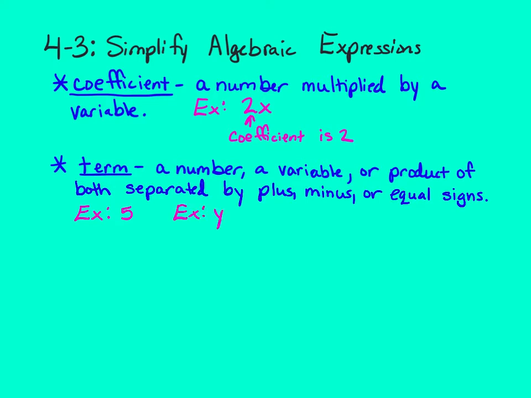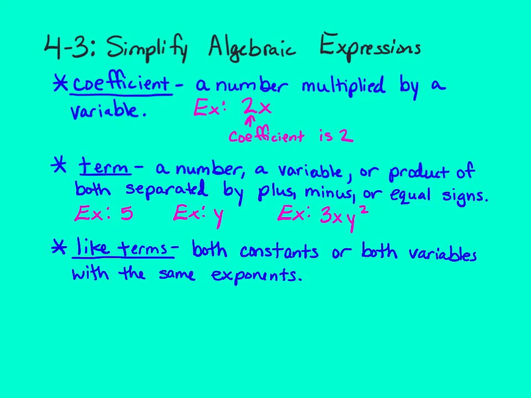Another example, y is a variable, so it's a term. Another example, 3xy squared is a product of a number 3 and some variables x times y, so it's also a term. In an expression, if these were all together, they would be separated by plus or minus signs.